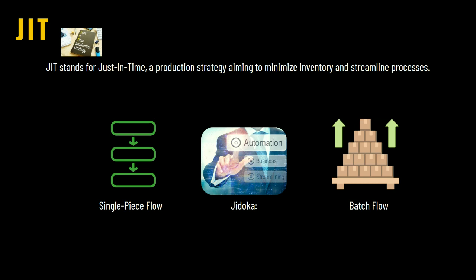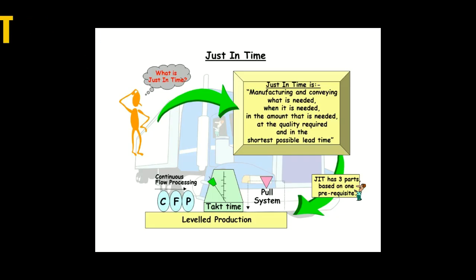In the upper belt levels, we get into the statistics behind one piece over multi-piece or batch flow movement. But essentially, just in time is manufacturing, conveying what is needed, when it's needed, in the amount that is needed, at the quality required, and in the shortest possible lead time.